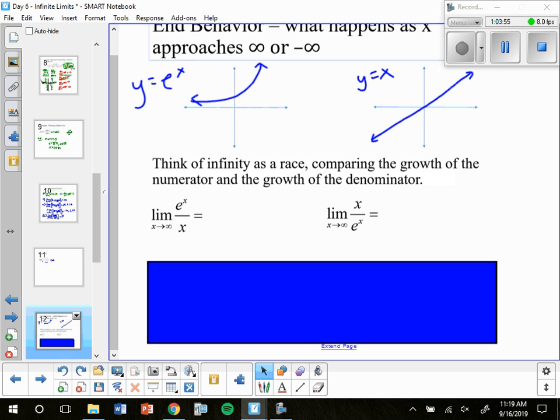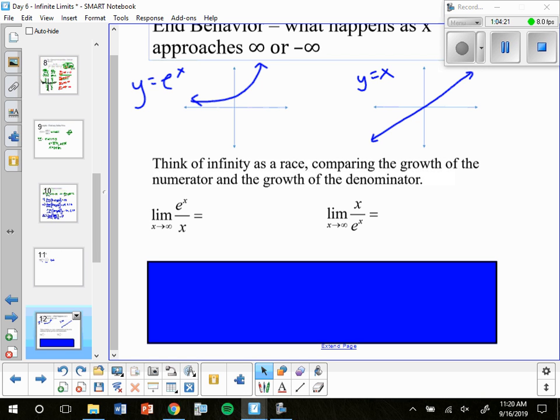And so, if we look at the limit as x goes to infinity of e to the x over x, what's my top going to? What's e to the x going to? Infinity. What's the bottom going to? They're both going to infinity. But which one's going faster? E to the x. So my top is getting really, really big. And my bottom is getting really, really big, but not as fast.